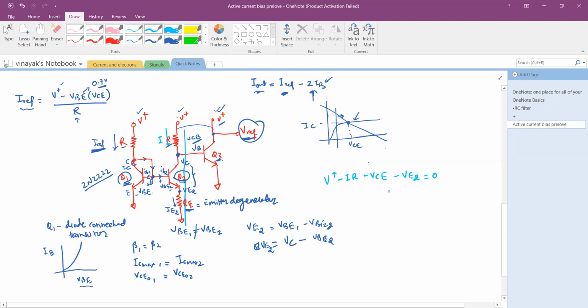Accordingly, you get the value of the required quantity you want. For a given value of a resistor and a chosen value of VCE, for example, if you choose VCE to be half of V plus, you get the value of current in this circuit, and IB2 is also here.